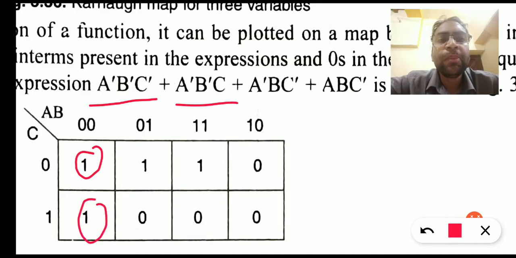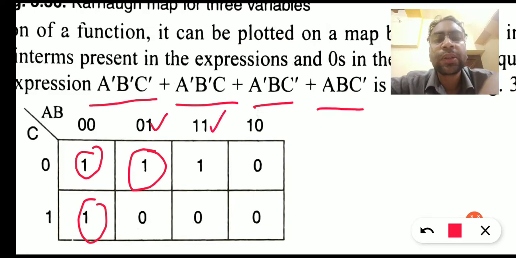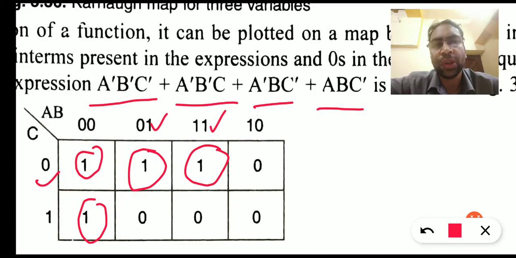Then we have a bar, b, c bar, so this is another one for the third. And for the last, a, b, c bar. For this c bar we have the 1, right? So these are the ones we will mention, and for the rest we will put all zeros.